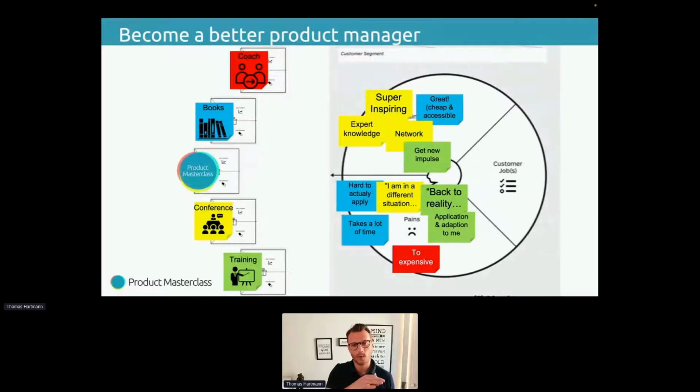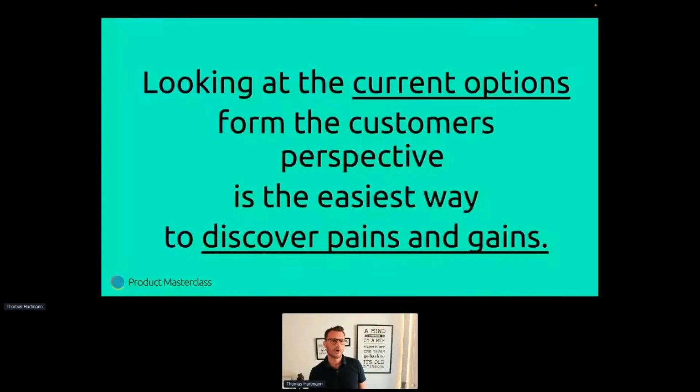I think the other way around, coming from the solution, is easier because it's more precise. It's easier to ask for and to look for. So looking at the current options from the customer perspective is, in my experience, the easiest way to discover the pains and gains.